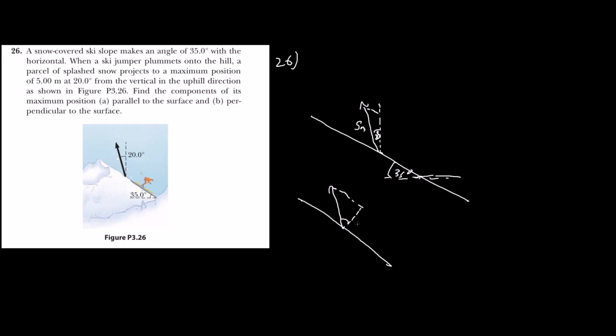We know this is going to be 35 degrees from the horizontal, and this is going to be 20 degrees straight up. So there might be a bit of geometry on this one.